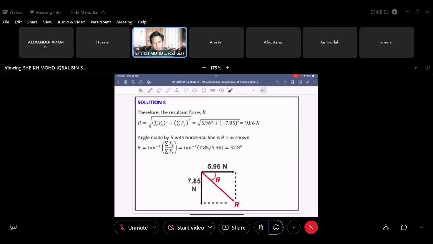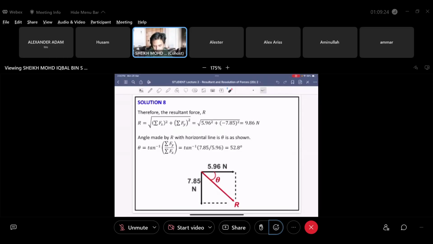Okay. Once you have your resultant force, you look back at the question. It wants the angle to the horizontal line. So the x direction is the horizontal line. So the angle that you need to find is this one, right? So it's just basically tan theta, 7.85 divided by 5.96.